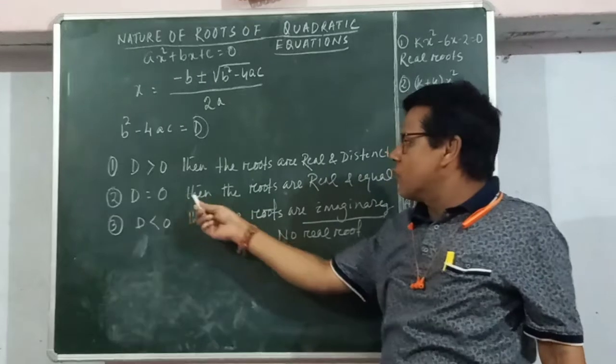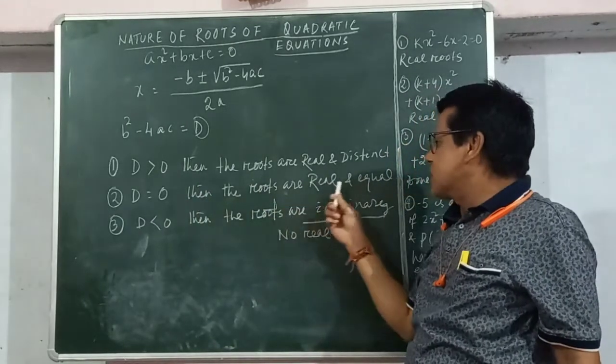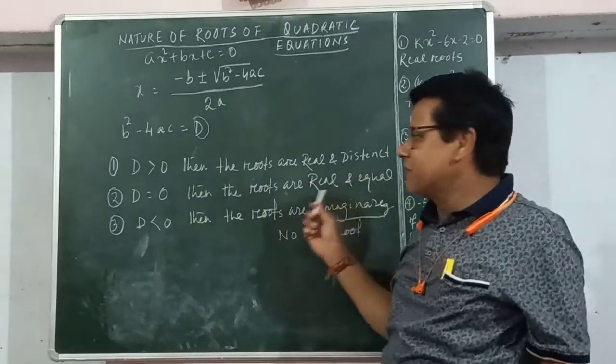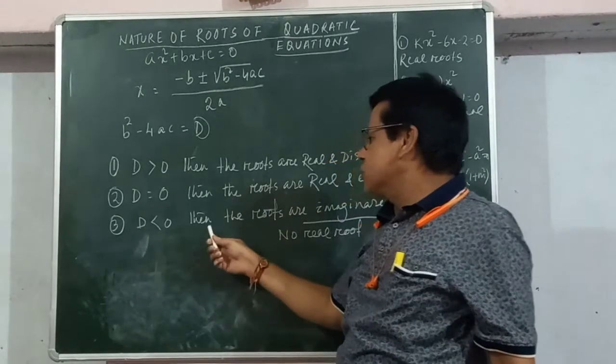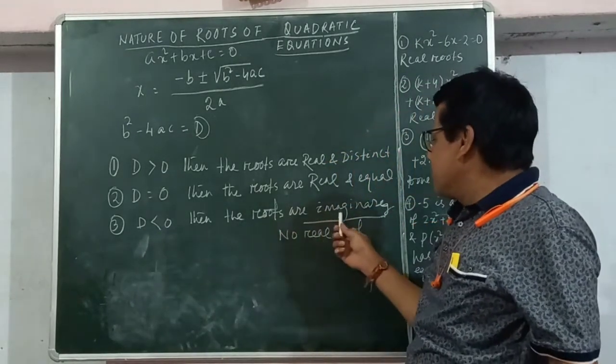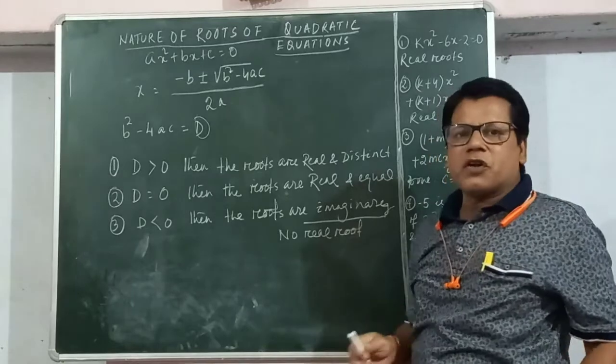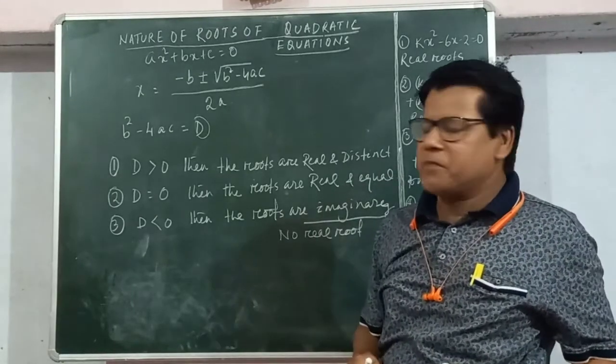If D is equal to 0, the roots are real and equal. If D is less than 0, the roots are imaginary, or no real root is there.